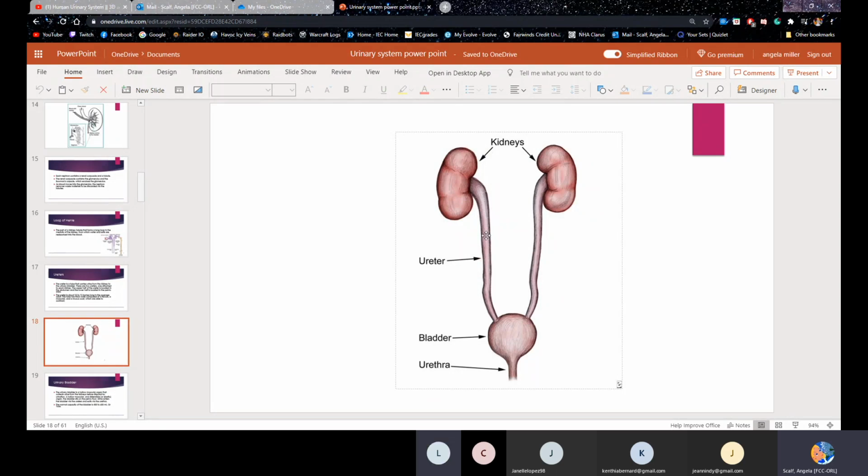And then from there, depending on the size of the person, it can be anywhere from 8 to 12 inches long. And then they are themselves slightly muscular. They're able to contract and expand. But this is the big problem.